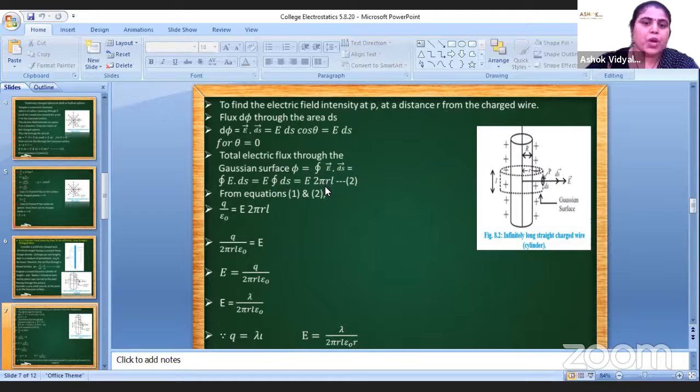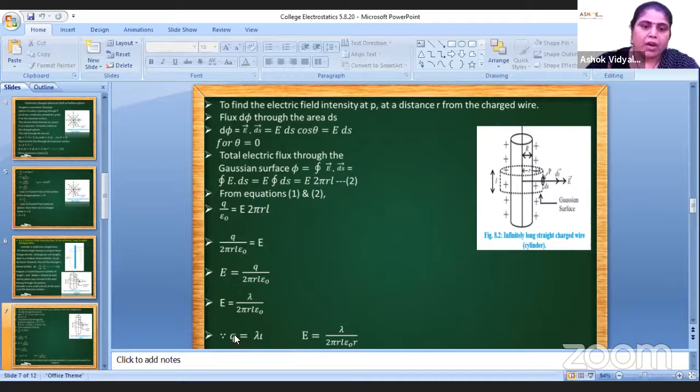Equating equation 1 and 2, q upon epsilon naught is equal to E 2 pi r l. Therefore q divided by 2 pi r l epsilon naught is equal to E.